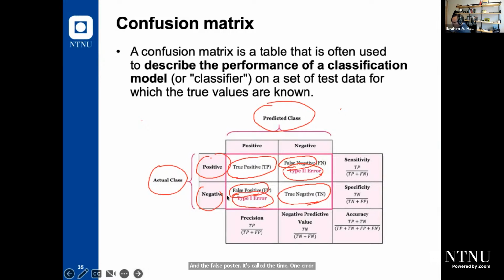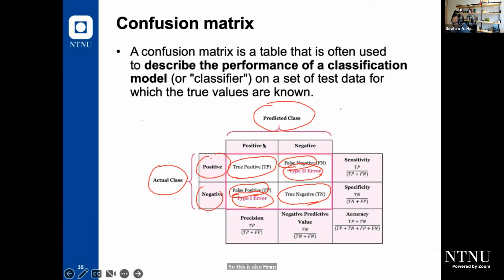Which one is more dangerous, type 1 error or type 2 error? Type 1. Why? Because it's better to have some false alarms than to think that everything is okay and it's actually not. So a false alarm means he is negative, but he is classified as positive.